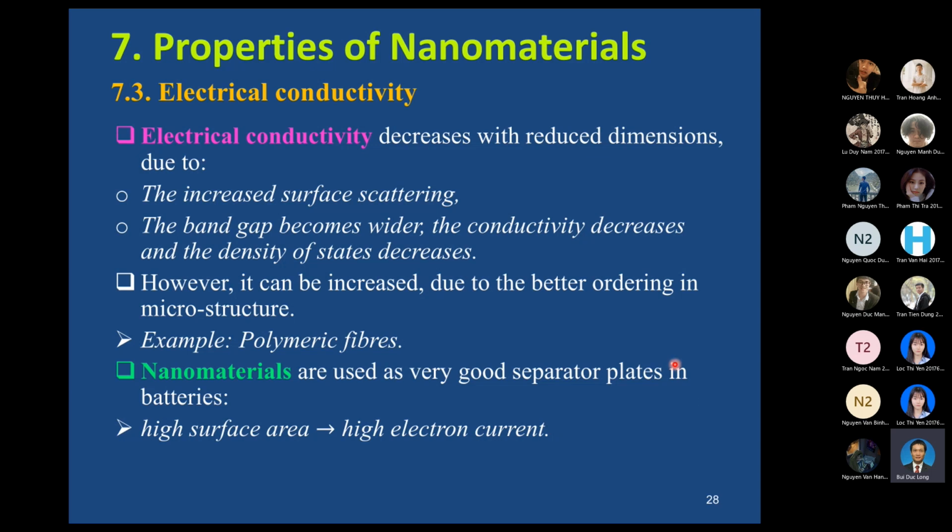That's why nanomaterial has very high potential application for batteries. Now scientists and researchers focus on improving batteries based on nanomaterial and nanoscale.